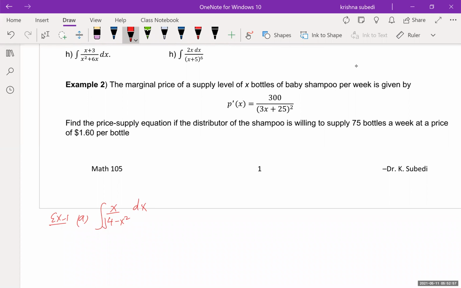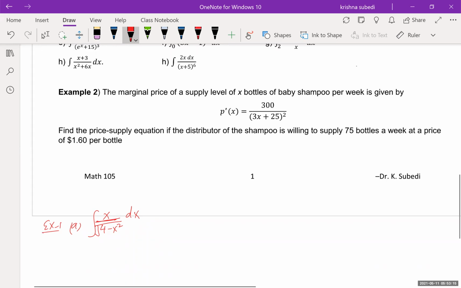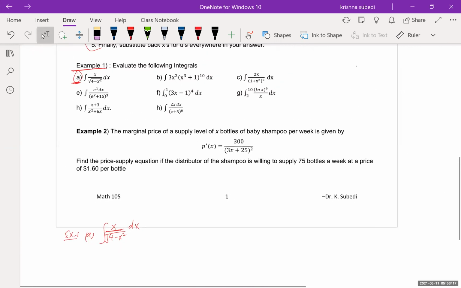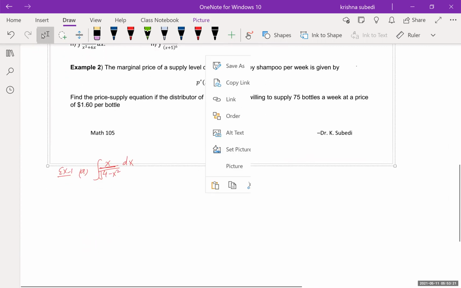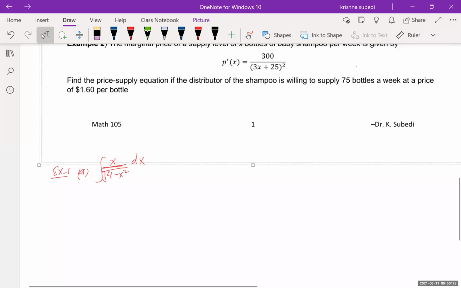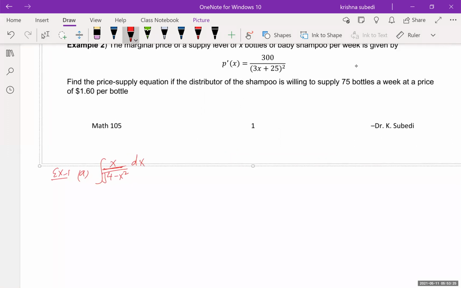In substitution, you need to be able to figure out what is the best term to substitute by something else. So one of the important things is the choice of u.